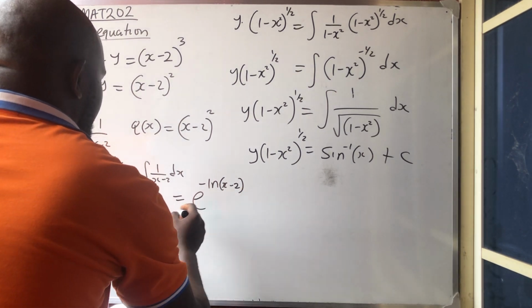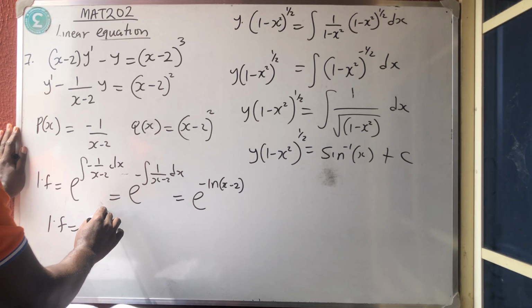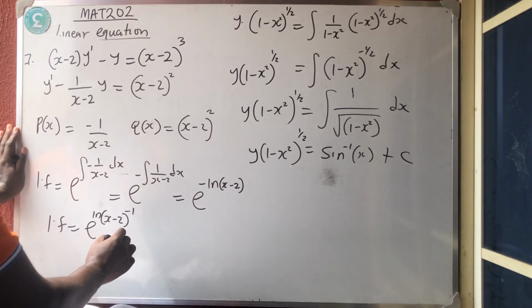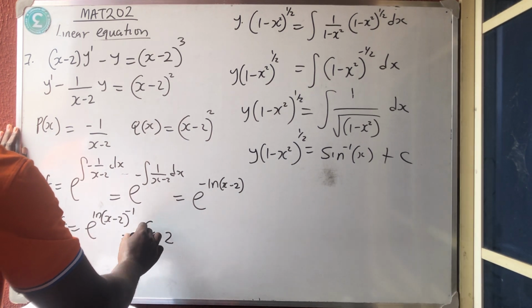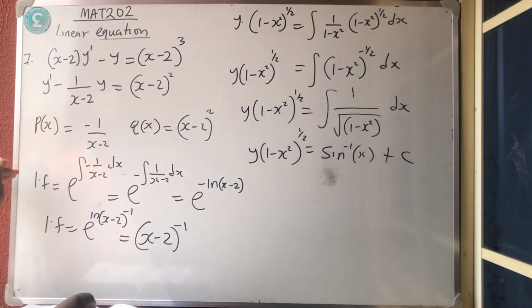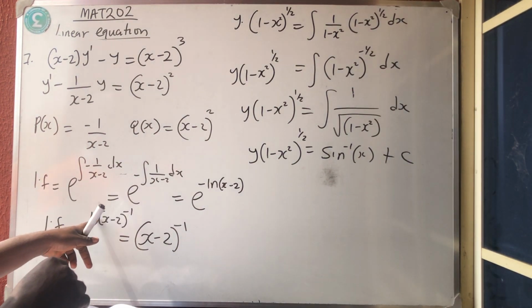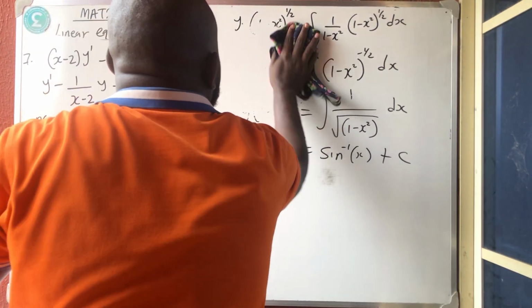Don't forget the ln, and ln is opposite of exponential, so my answer is (x minus 2) all raised to power minus 1, because this minus 1 will go back to this place before the logarithm cancels the exponential.